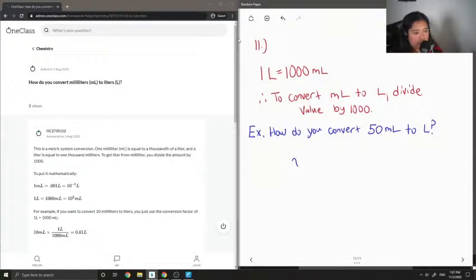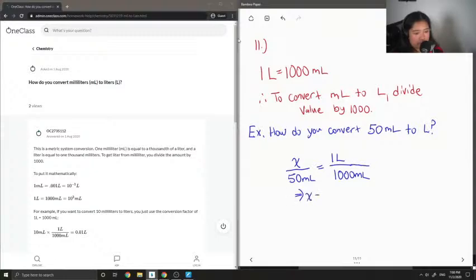Again, we're just gonna put our x on top. x over 50 mils, since we're looking for liters. And then I'm just going to mimic that on the right side. Liters on top. 1 liter is equal to 1,000 milliliters.